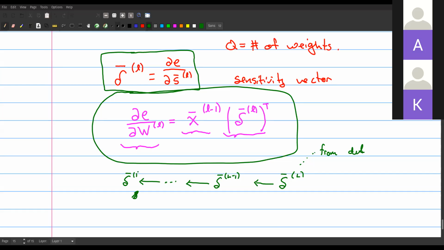And once you have that, you have kind of figured everything out, because now you use this to compute that, and then you use these to build up the gradient, and then you do gradient descent.